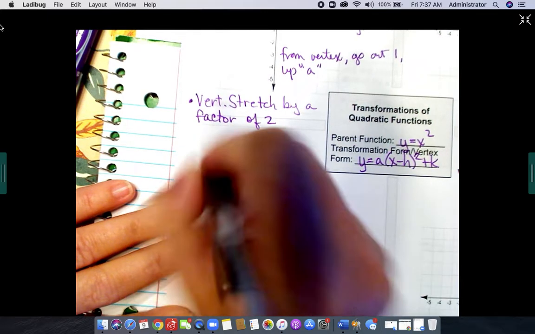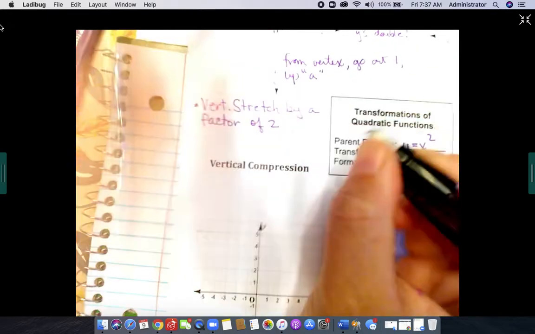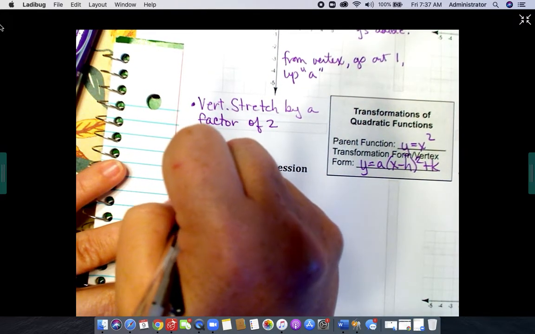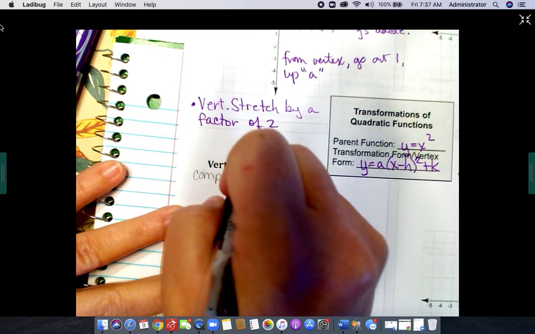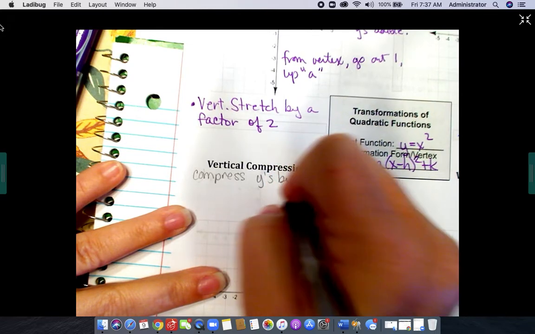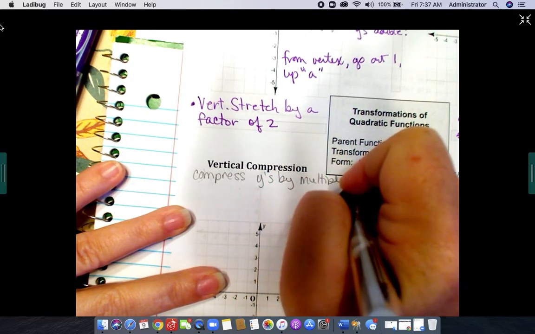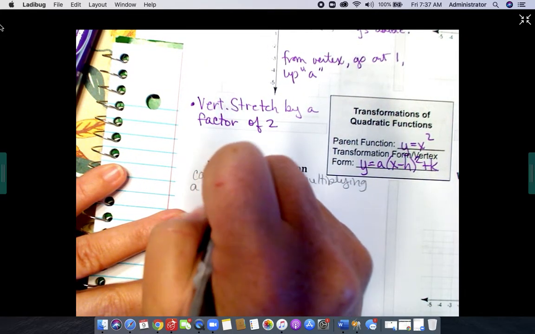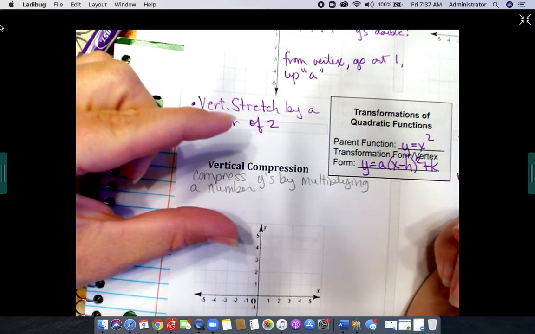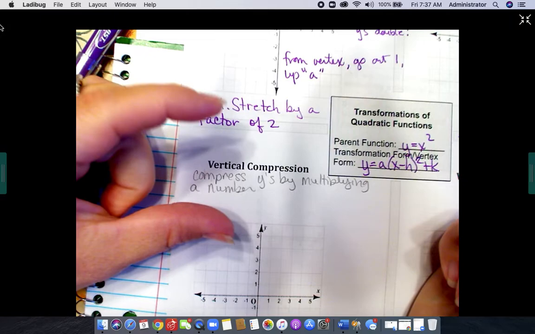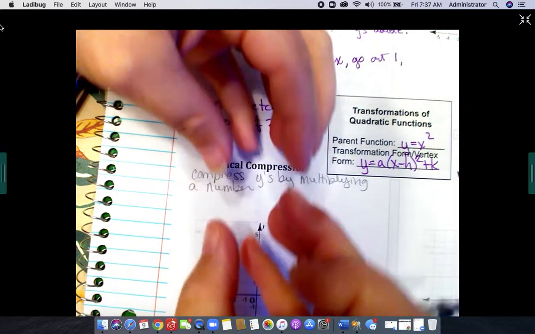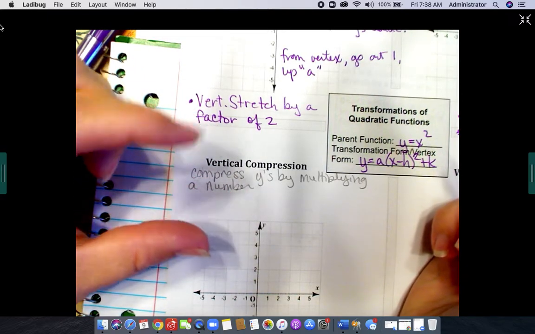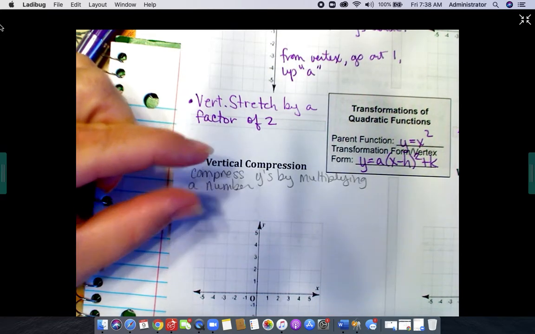Let's just add in here what that means. We are going to compress y's by multiplying a number. So think about it. What might make our y's go down or become smaller? To stretch means you're multiplying by values that make it larger, but to make it smaller, we actually want to divide. Another way of dividing is multiplying by a fraction.